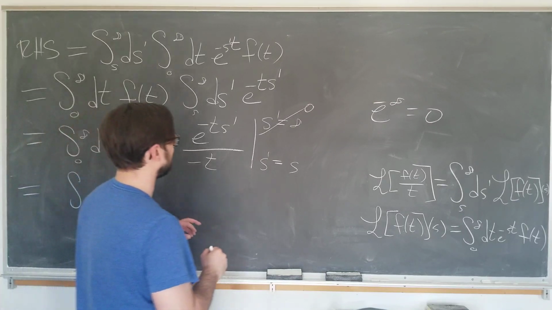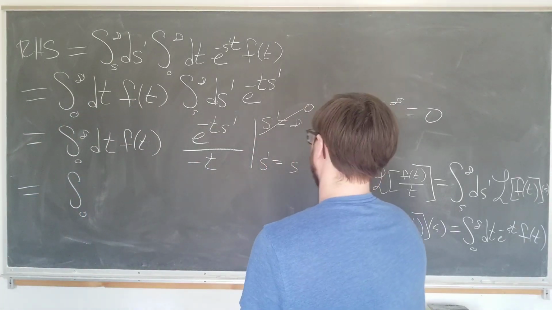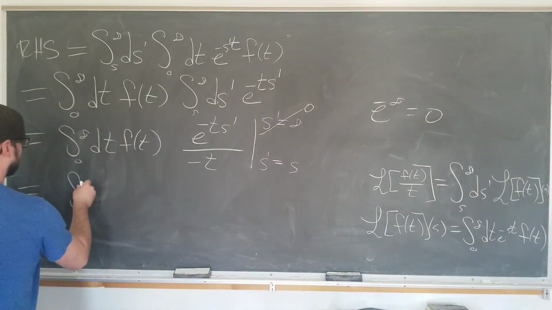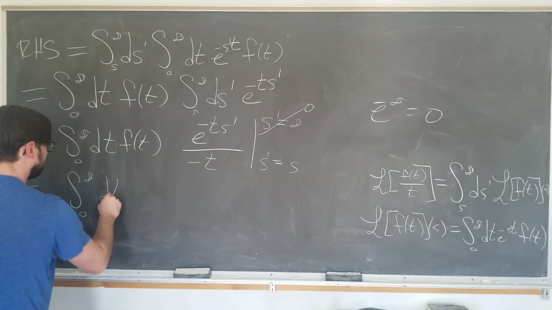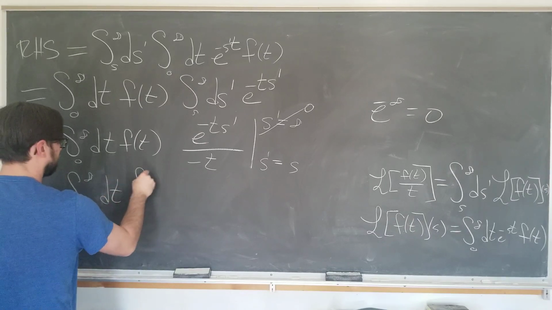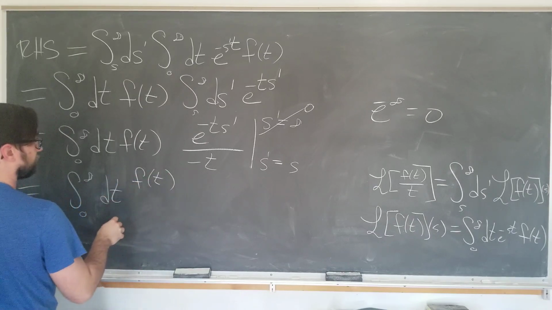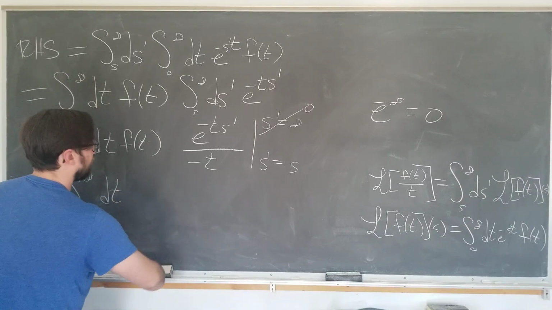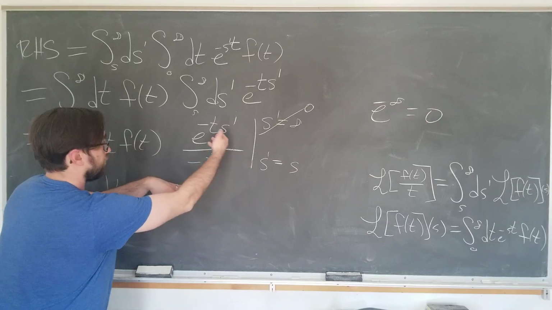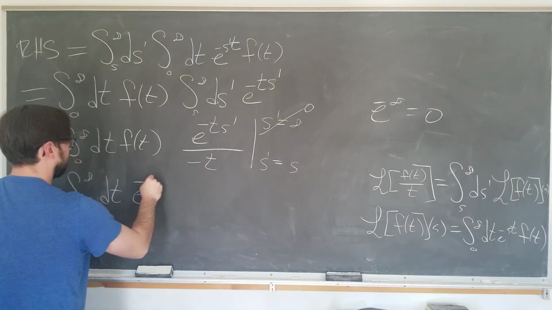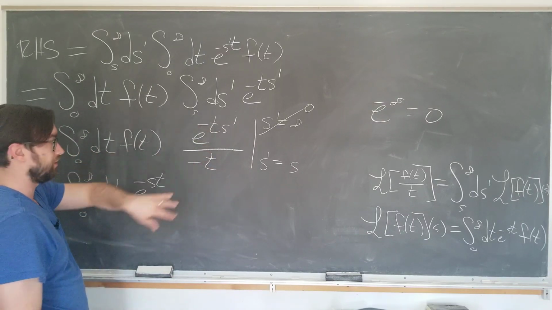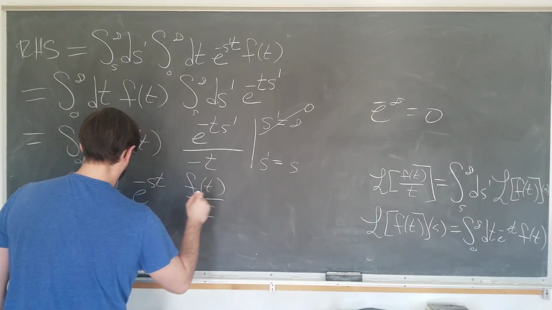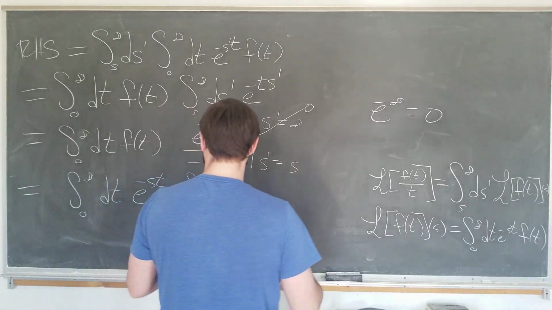See, these double integrals are kind of tricky, aren't they? Okay. Still there. dt, and now we have f of t over, so we have e to the minus st. I'm changing the order of these variables here, and now we have f of t over t, and that is the answer basically.